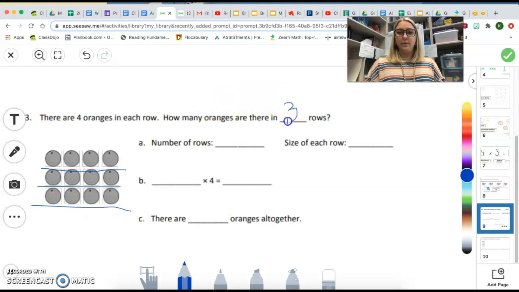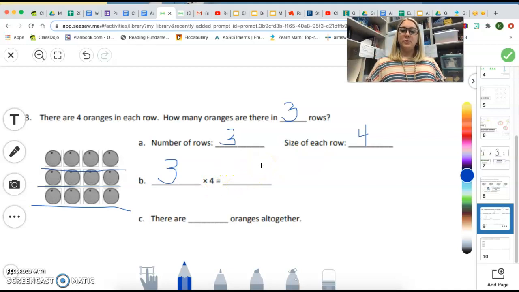So there's 3 rows. So the number of rows we have is 3, and the size of each row, inside each row there are 4. Okay, so now we're entering in our factors. The number of rows is 3, and it already has the size of each row in there.